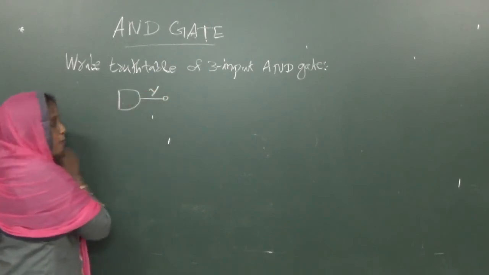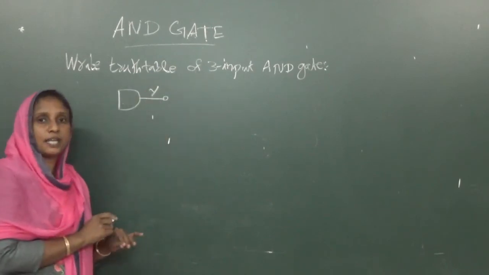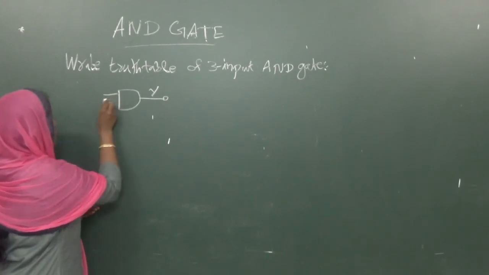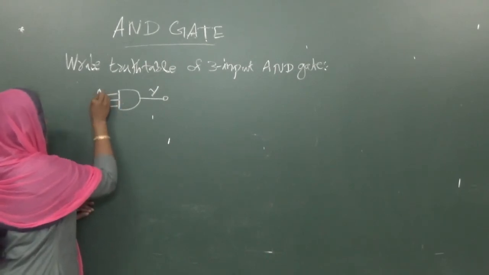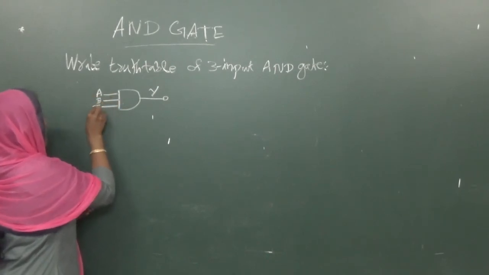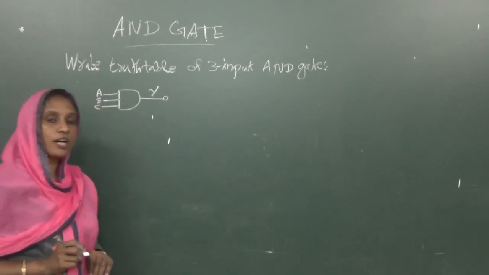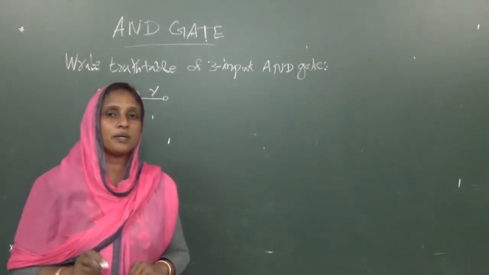This is its output pin. It's already given that there are 3 inputs. So you have to draw here 3 inputs like this, A, B and C. Y equal to A, B, C.